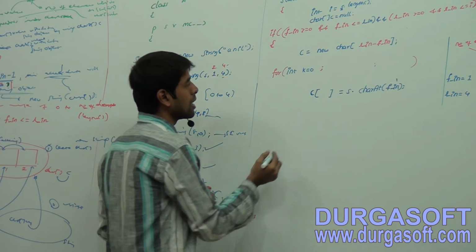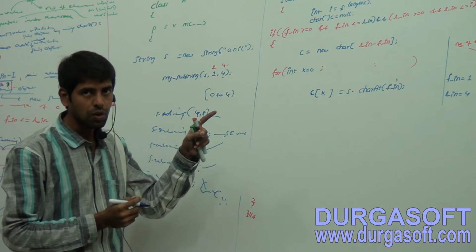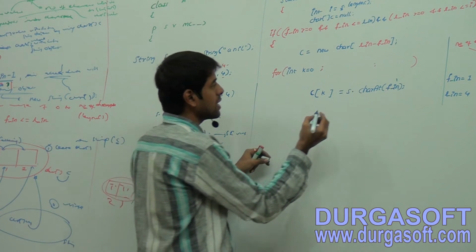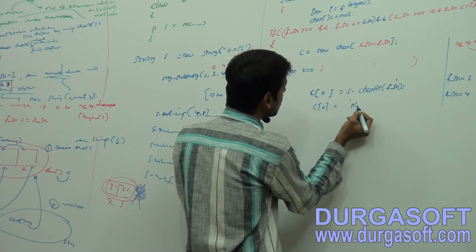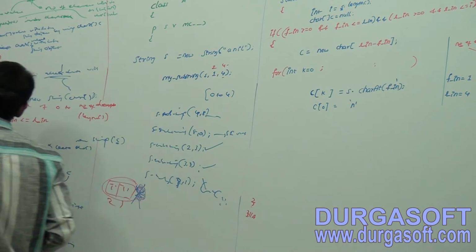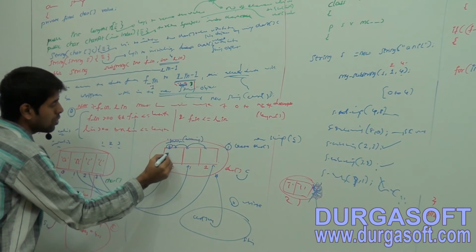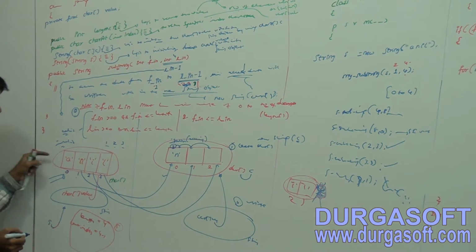Now let me put k here. What happens is that it returns the character to me, which I am assigning to c of 0, c of k. This character I am copying to c of 0, so I copied. First work done, fine. Now come to the second work.